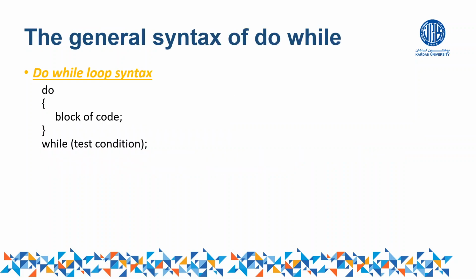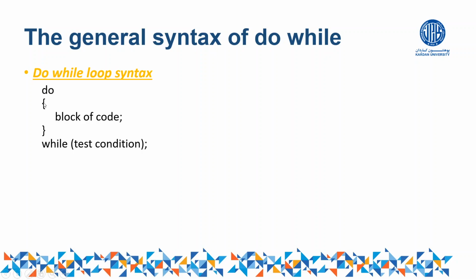This is basically the simple, general syntax of the do while loop. Remember, do here is a keyword, so we use this keyword first. Keep this in your mind: do not write D in upper case. It should be in lower case.